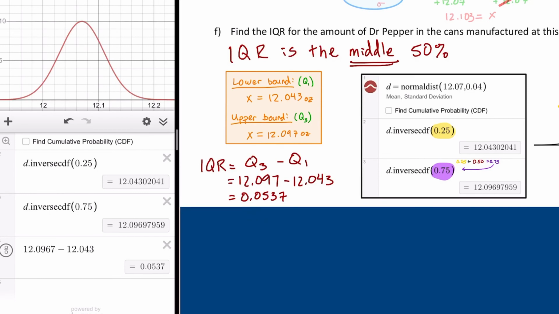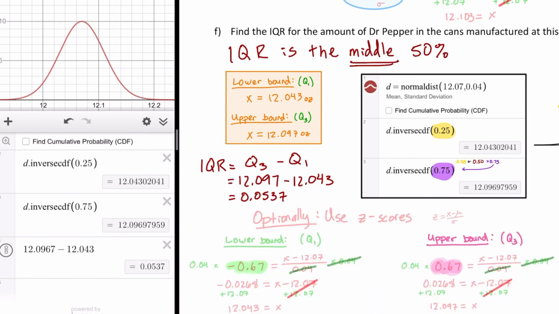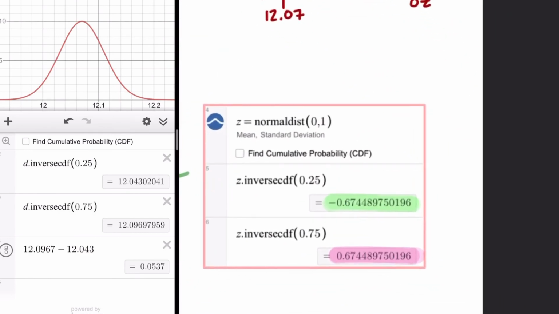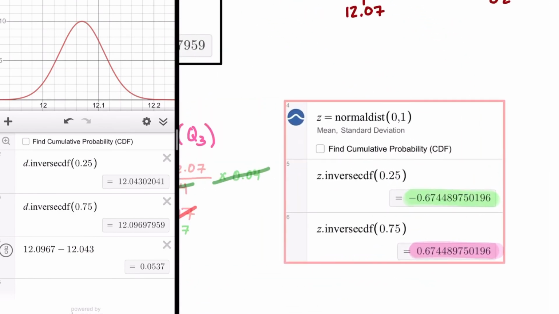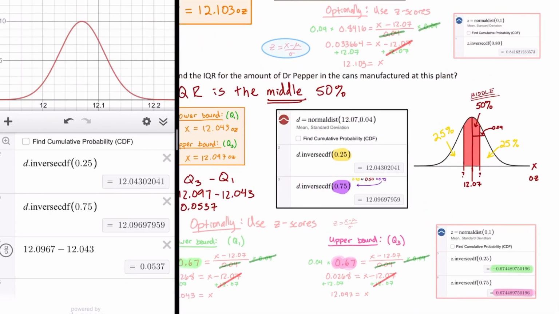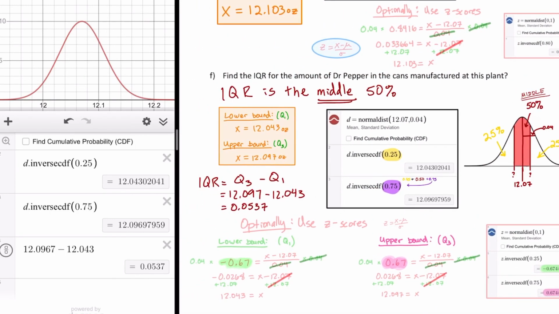Right? And like we did last time, we can also do all this using z-scores as well. So I get my z-scores from the calculator, negative 0.67 and positive 0.67, and then use those to find my decimal approximations.